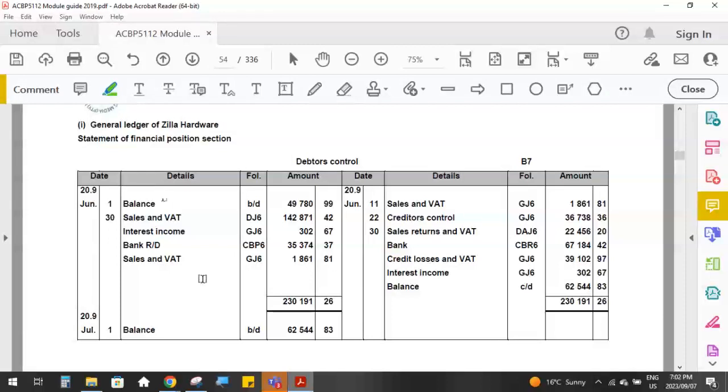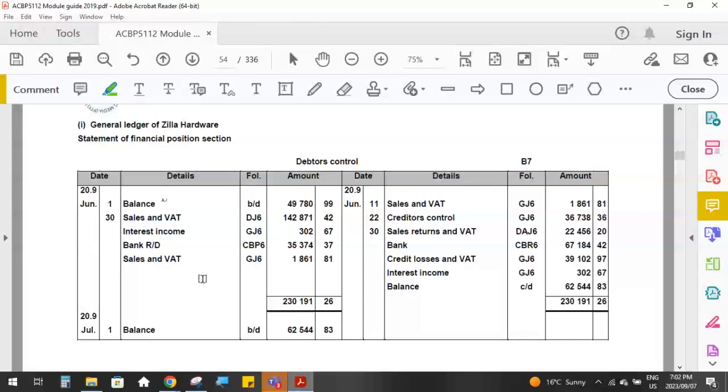And then on page 39, the last two transactions in the general journal. The top one is interest on overdue accounts. So our customer H. Honer, they paid us late, and so we are charging them interest. So we are increasing the debtors control amount by the 302 Rand because they now owe us more money because we're charging them interest, and we are crediting the income account called interest income.